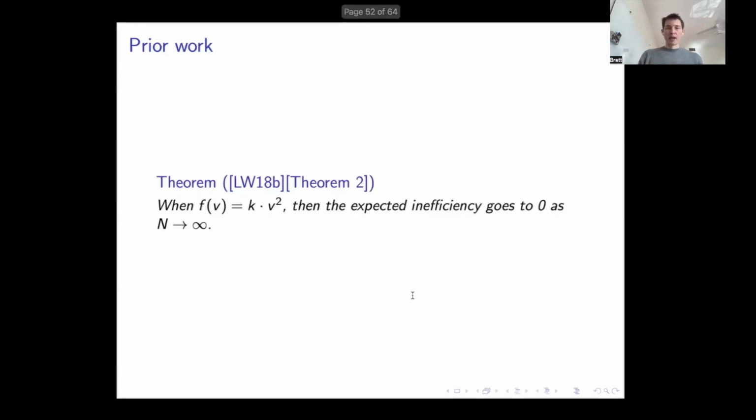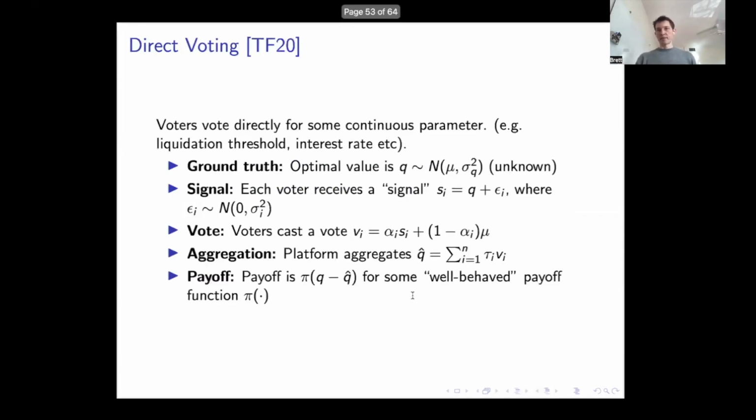Yeah, so if we have time, I can say a little bit about other ways we've looked at voting under imperfect information. I mentioned earlier that we considered voting, what we call direct voting, where there's some optimal interest rate, or some optimal collateralization ratio, and people don't necessarily know what it is.